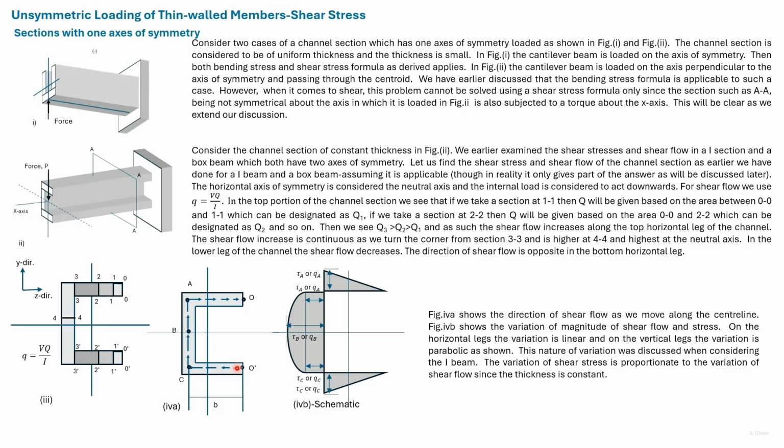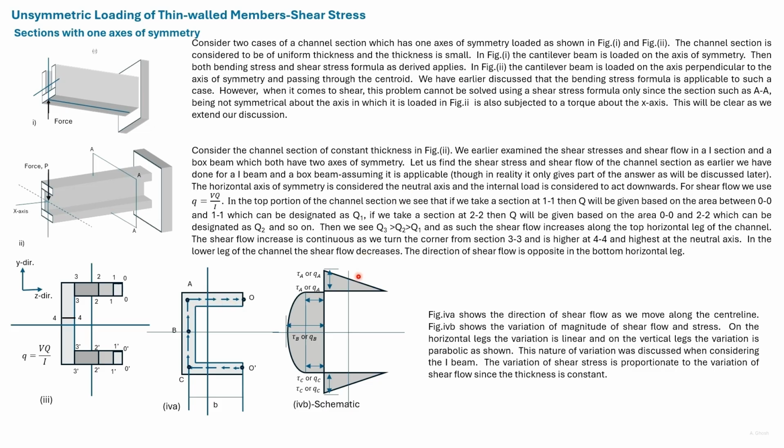The shear flow in the lower leg will be equal in magnitude to the shear flow in the top leg, but oppositely directed. So this will be the overall shear flow.